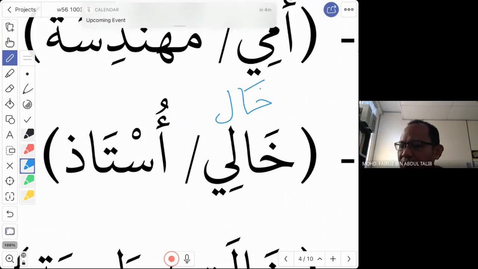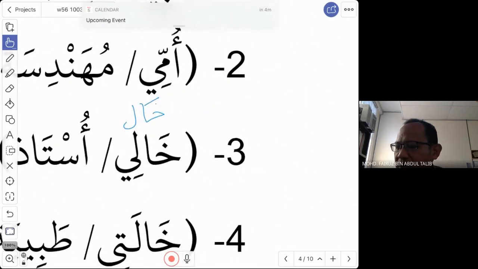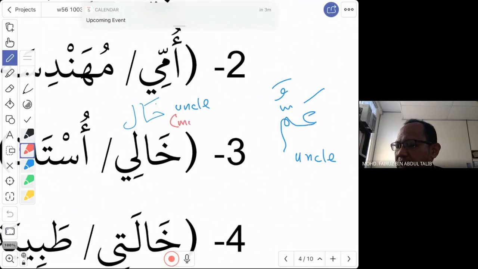For uncle from father's side, you will use another word which is ammun. Take this word as your new vocabulary. So this is also uncle. Khal is also uncle, but the difference is that this uncle is from your mother's side, and this uncle is from your father's side.